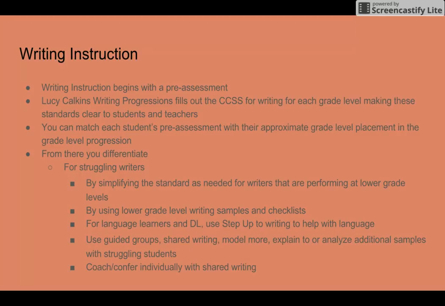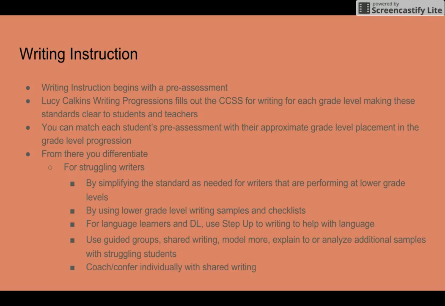From there, you differentiate for struggling writers, and there's a couple ways that you can do that. First of all, like I just said, you simplify the standard to where they're at. If they're performing at 2nd grade in introductions, then that's the standard that you're going to be focusing on.